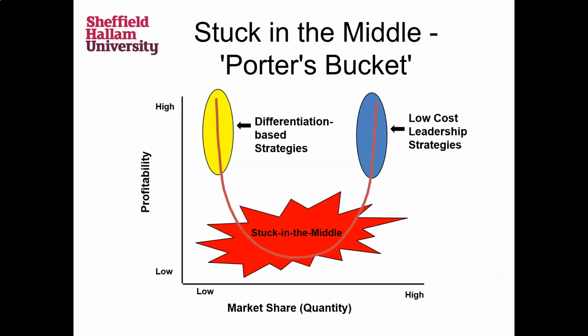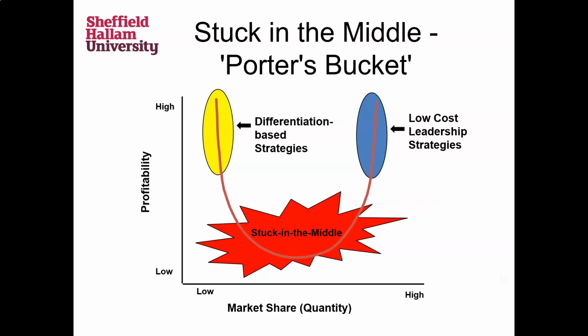And what this means is they cannot differentiate as well as the differentiators, because they're also thinking about keeping prices relatively low, but they can't keep prices as low as a cost leader because they're also trying to differentiate. So they end up trying to do both things at the same time, but they do not do either of them well enough.